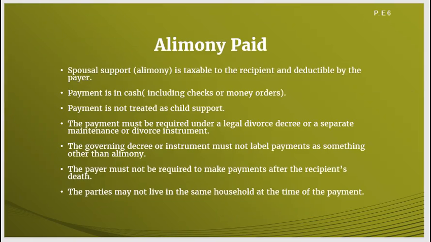Let's move on to alimony paid. In the income section, we talked about alimony received, and how if alimony was received, we need to report it because the person paying the alimony also needs to report it. So it's in the adjustment section that the person paying the alimony would report it. This is covered in E6 of your 4012.